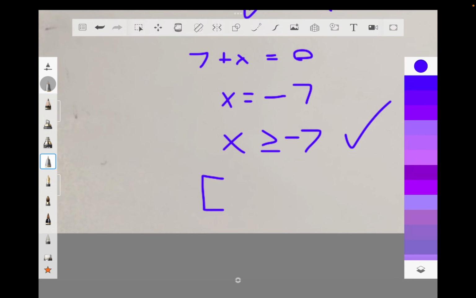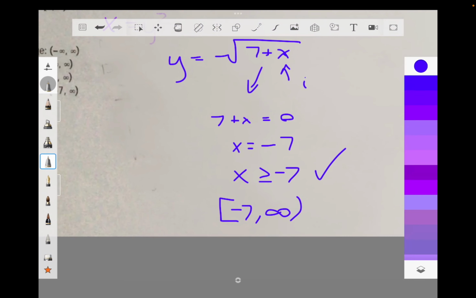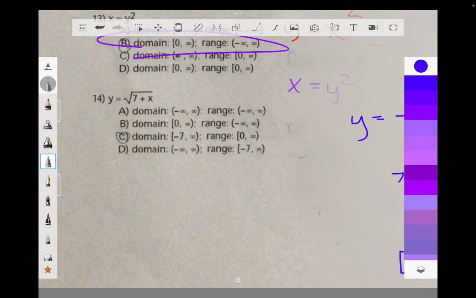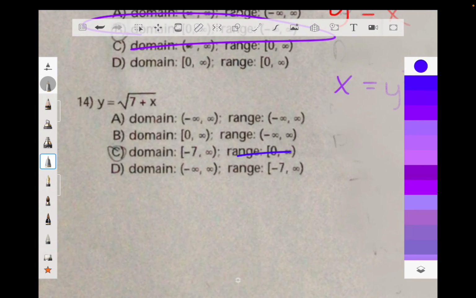Therefore, our domain is negative 7. That's our lowest x value we could go, and it goes towards infinity. We don't have to worry about the range because the only one that fits this one is domain negative 7 to infinity.